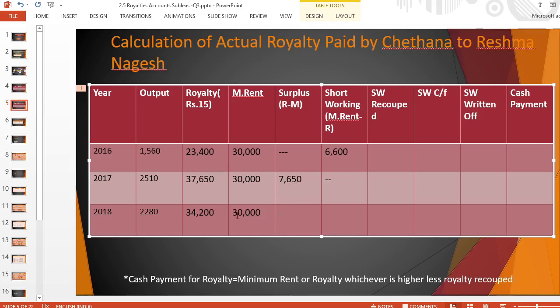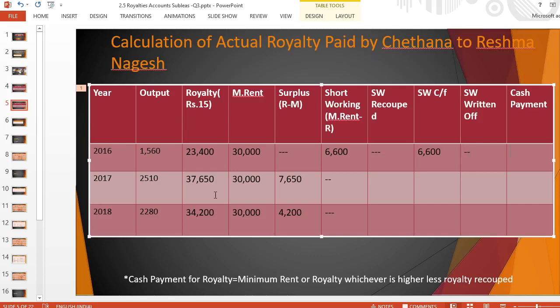And in the last year, again royalty is higher, so the surplus is 4,200 and short working is nil. I need to consider recoupment, carry forward and written off. As far as the recoupment, for the first year we cannot recoup because of short working. Entire 6,600 carries to next year and there is no written off balance.